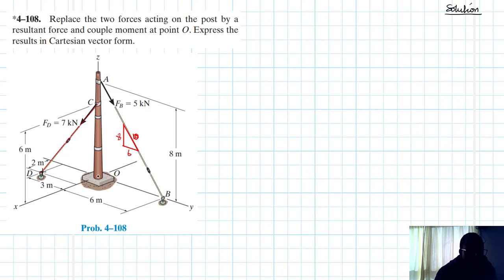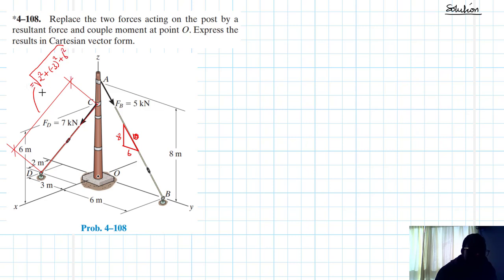The length BD, this length, is equal to, using Pythagoras theorem, remember, we have a component in the x which is a 2, so I'll say 2 squared plus minus 3 squared plus then we have the height, which is 6 squared.